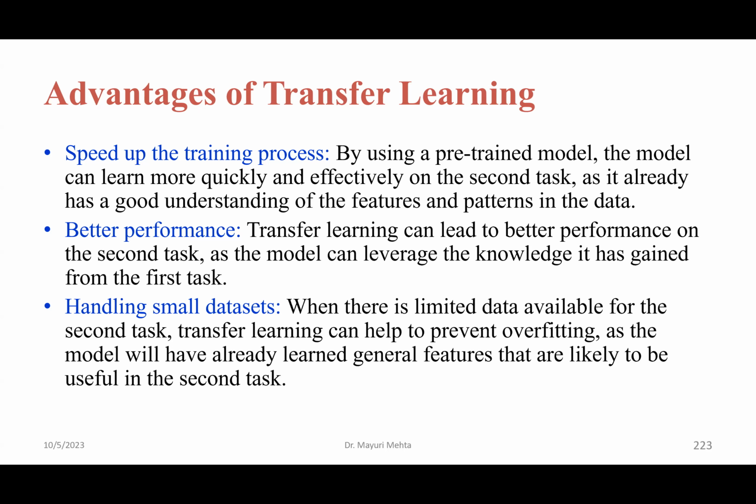Handling small data sets, when there is limited data available for the second task. Transfer learning can help, and that's what we have done in our healthcare problems. Right? If you remember, how many TBUT frames did we use in our dry eye disease detection? 300. In fact, lesser than that.